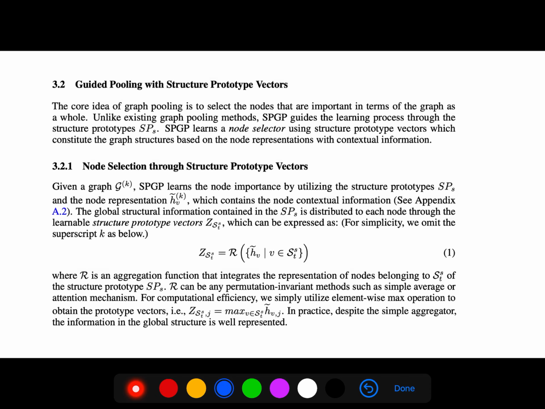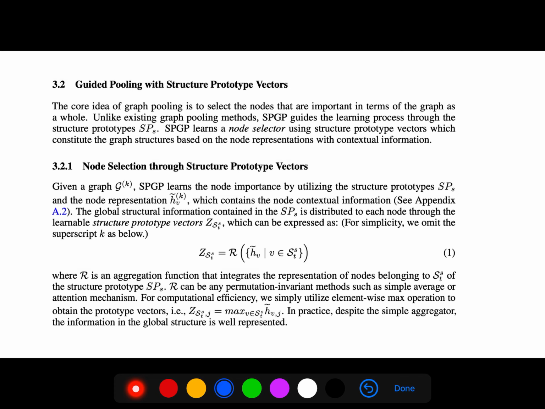It learns a node selector using structure prototype vectors, which constitute the graph structures based on node representations with contextual information. It learns the node importance by utilizing the structure prototypes and node representation, which contains the node contextual information.